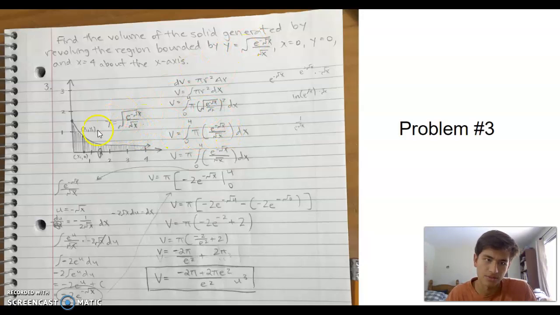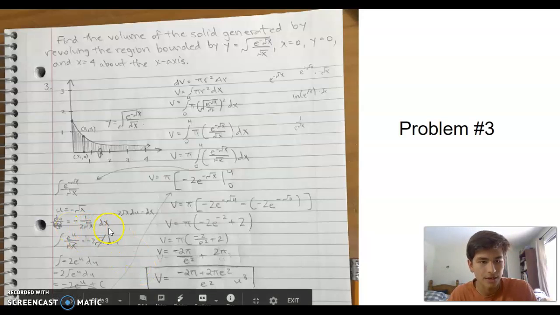So I plugged in my function, square root of e to the negative square root of x over square root of x, squared it, and then obviously you have to take the integral. So this is where I use u substitution. My u is equal to square root of x, and my du is the derivative of that, 1 over 2 root x dx.